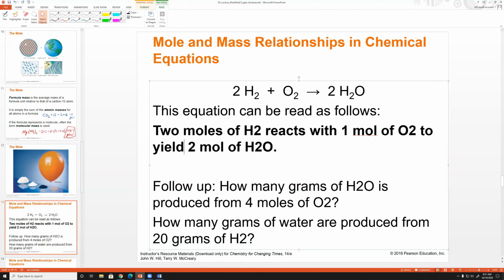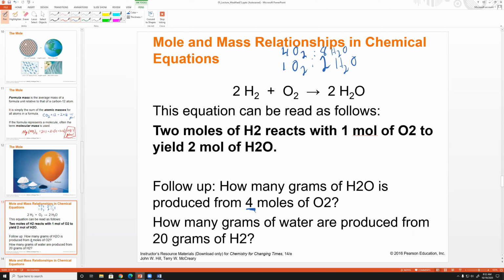Good job, Devin. So there's a 1-to-2 ratio, meaning 1 mole of O2 makes 2 moles of H2O. So if this was 4 moles of O2, like the question's suggesting, then the H2O, to keep that ratio the same, would have to be 8. So there'd be 8 moles of H2O. Does that make sense? How did you get 8?